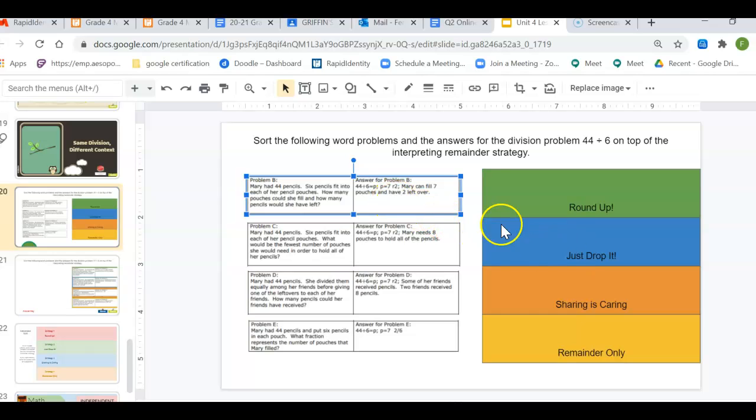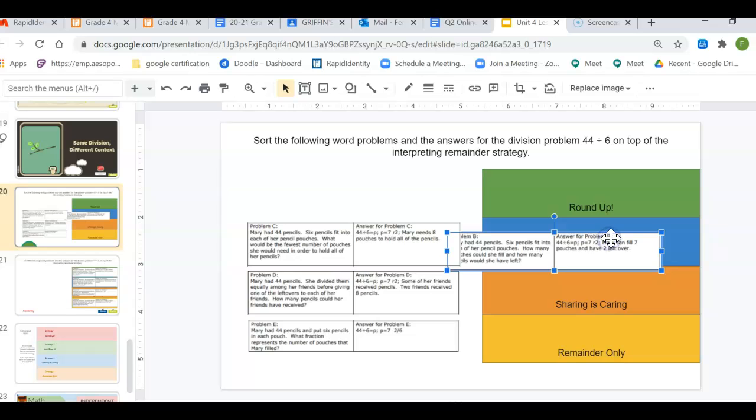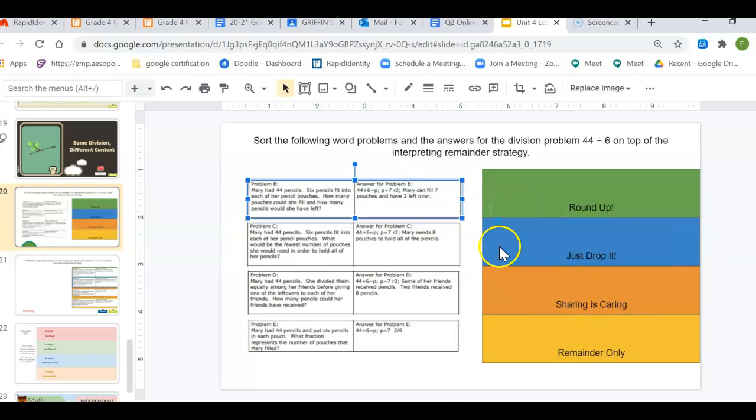If you think it's a just drop it situation where you just drop the remainder, you drop and drag it down there. If you think it is a sharing is caring type situation, you would drag and drop it there. If you think it's a remainder only situation, you would drag and drop it there. So you have to do the same thing for each one.